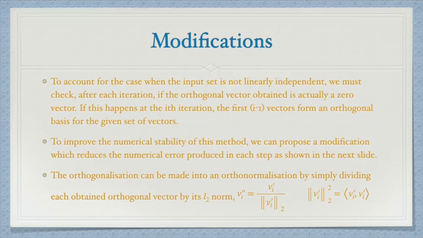Further, to improve the numerical stability, basically the floating point errors associated with computation, we can use a modification which reduces the numerical error produced in each step, and this works as an iterative procedure. We can also convert the orthogonalization process into an orthonormalization process by simply dividing each obtained orthogonal vector by its L2 norm. The L2 norm is the square root of the dot product of a vector with itself.